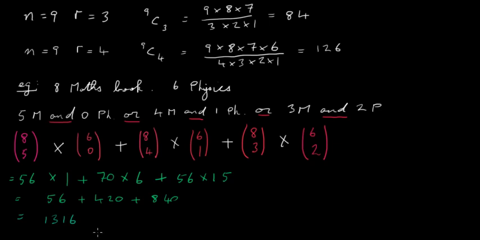So finally, there are 1316 different ways of choosing 5 books in total, where there are more maths books than physics books. And that's it. Okay, thank you.